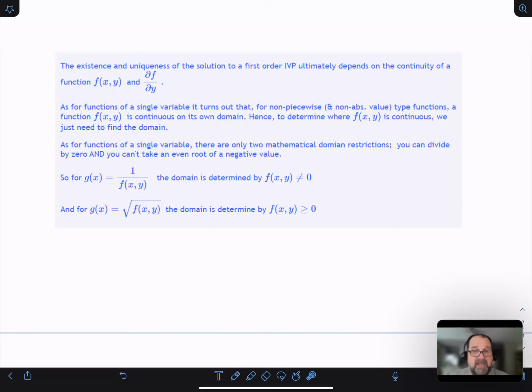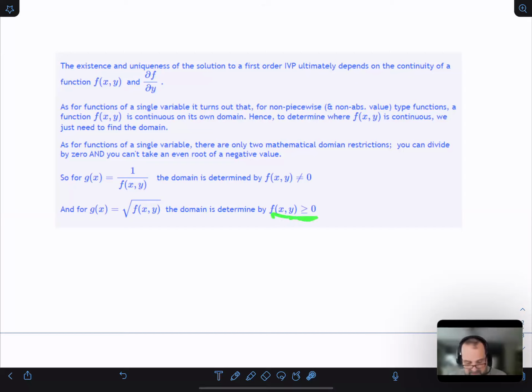So the good news is that conceptually, everything else is as we remember it from Calc 1. There are only two mathematical restrictions to the domain, and that is you cannot divide by 0. So if in your function you have 1 divided by something, that thing in the denominator cannot be 0. If for a function you have the square root, or potentially any even root, of something involving x and y, the thing you are taking the square root or even root of must be positive or 0.